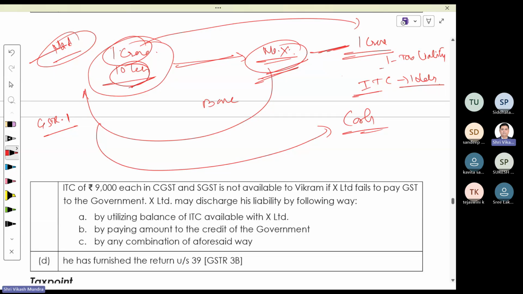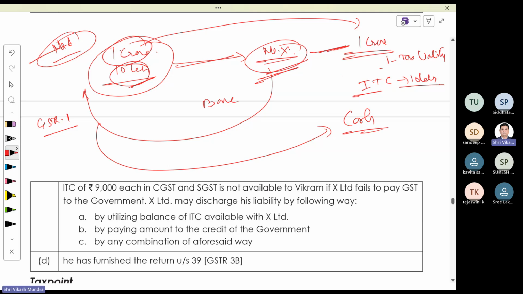After detecting that fraud, the government introduced GSTR 1, 3B, 2B. After detecting this type of fraud, the government introduced this type of check. So the government is very determined, since it is not your fundamental right. You are supposed to examine whether you are eligible for ITC or not. If you are not eligible, if we did not receive the money from your vendor, we will not give you ITC.